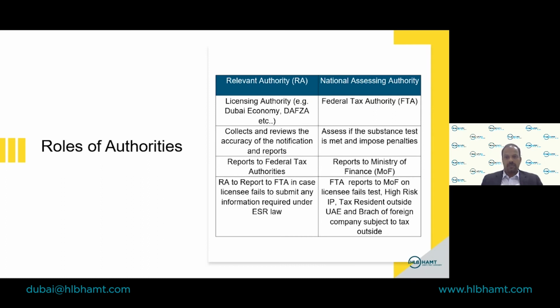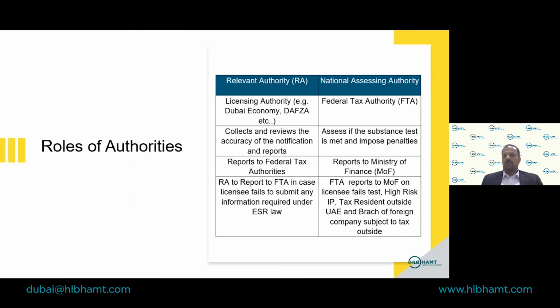What the relevant authority does is collect and review the accuracy of the notifications and reports, and report to the Federal Tax Authority. The relevant authority reports to the Federal Tax Authority in case a licensee fails to submit any information required under the ESR law.